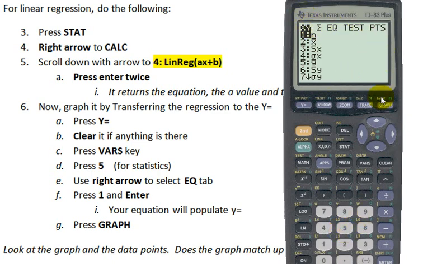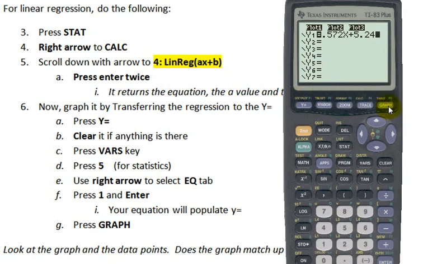So right arrow to EQ, and we're going to use the first one, regression equation, so number 1. Now there it is. We just transferred all that data into our y-equals. Everybody see that? Y1 equals 0.572x plus 5.24. That's what we just calculated, right?